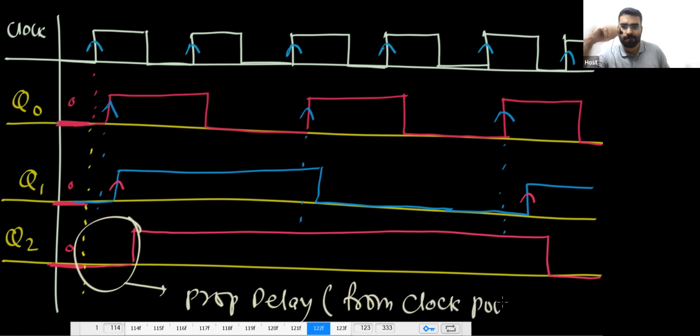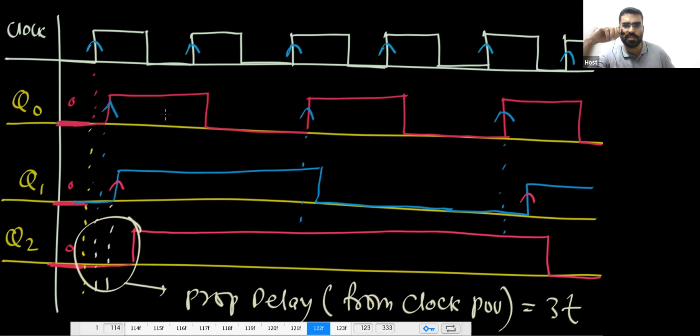That is 3T. Right? Why 4T? Only 3T. Look at this: here T, then another T, another T. So there is 3T.